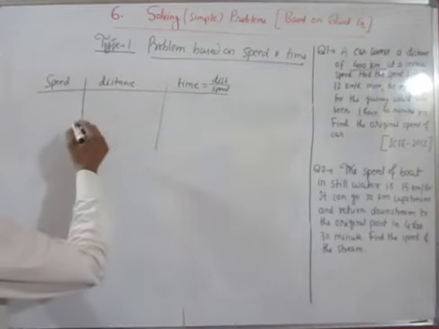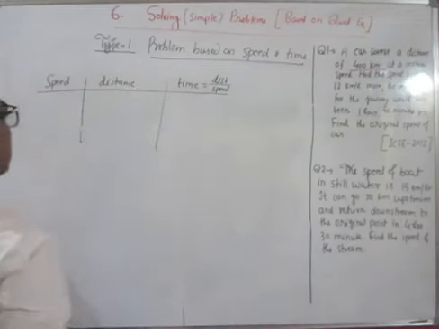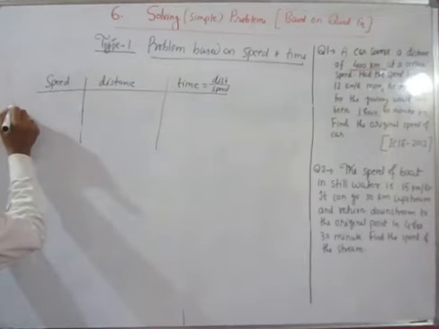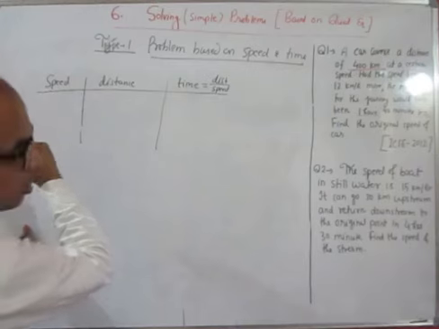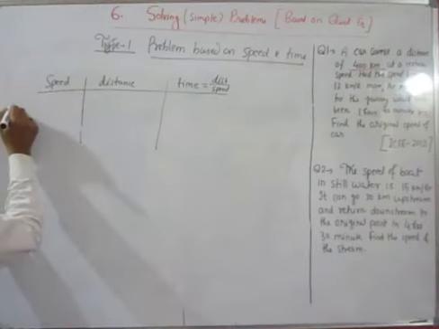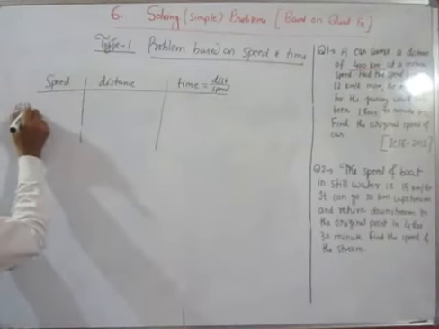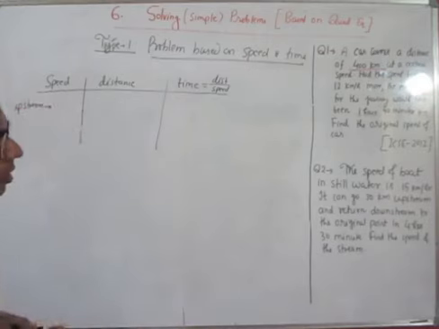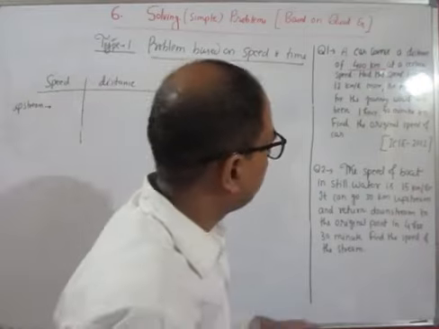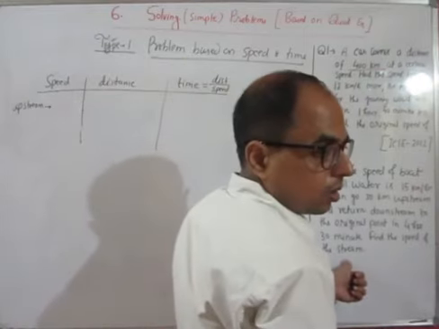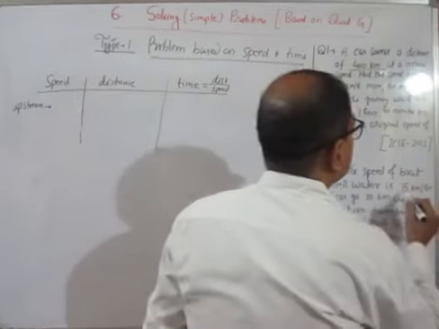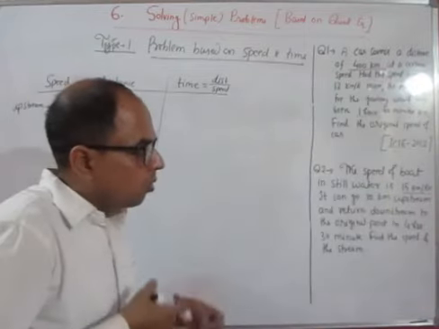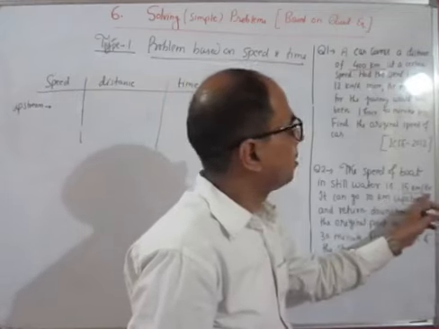So let the speed of stream be x. The own speed of the boat is 15 km per hour.